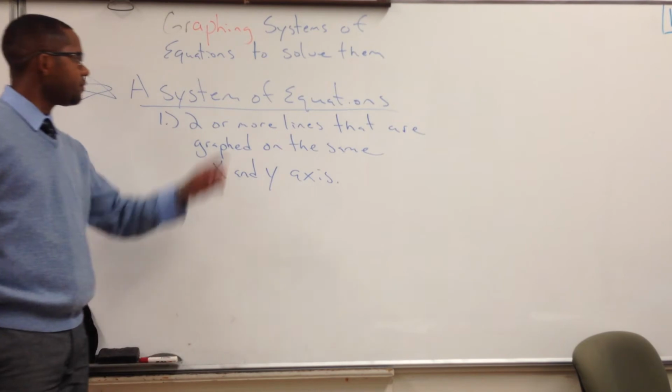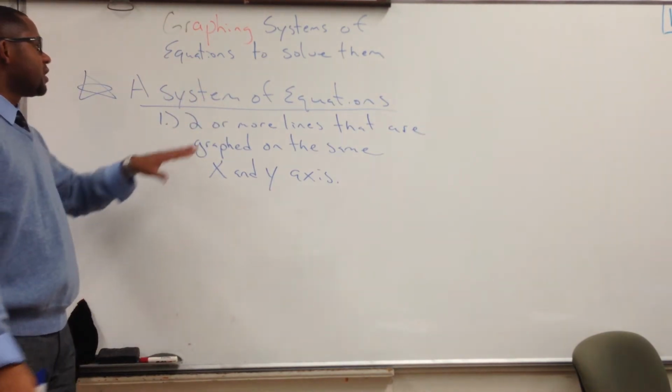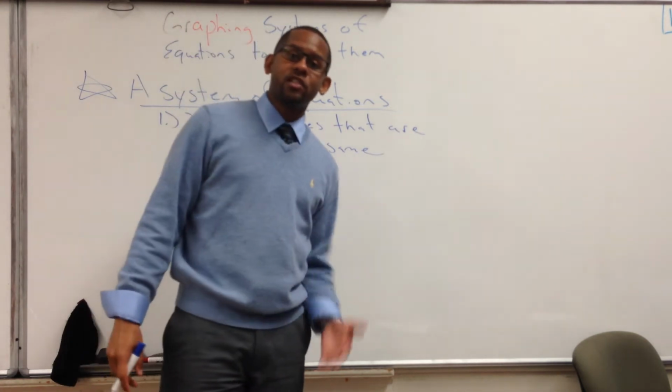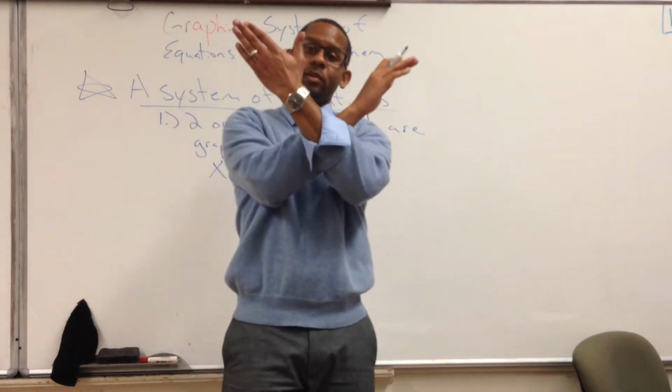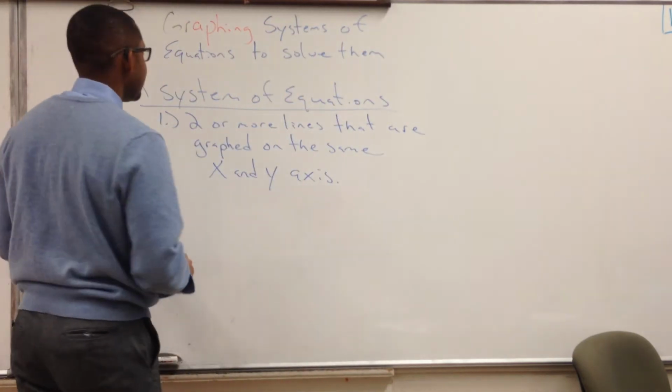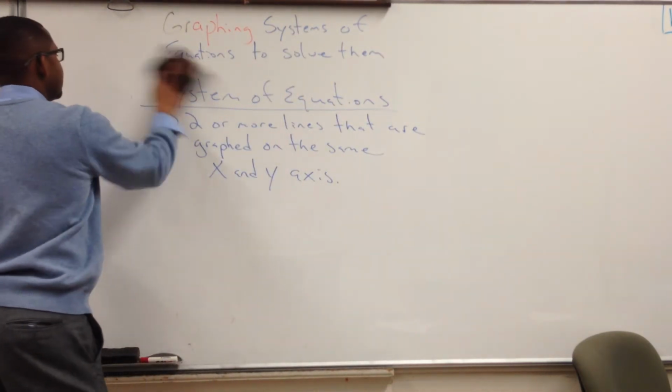Okay? A system of equations is two or more lines that are graphed on the same x and y axis. The solution to the system of equations is the place where those two lines cross. The one place where they cross, if they cross. Alright?